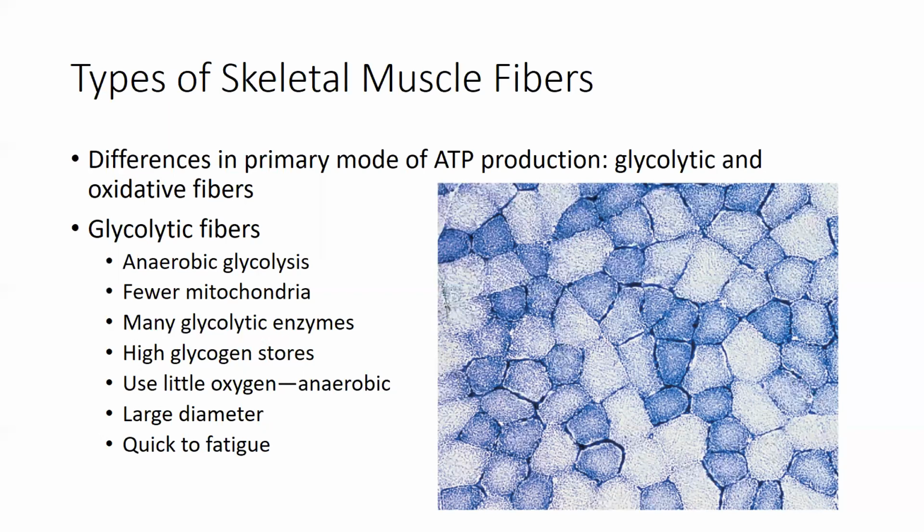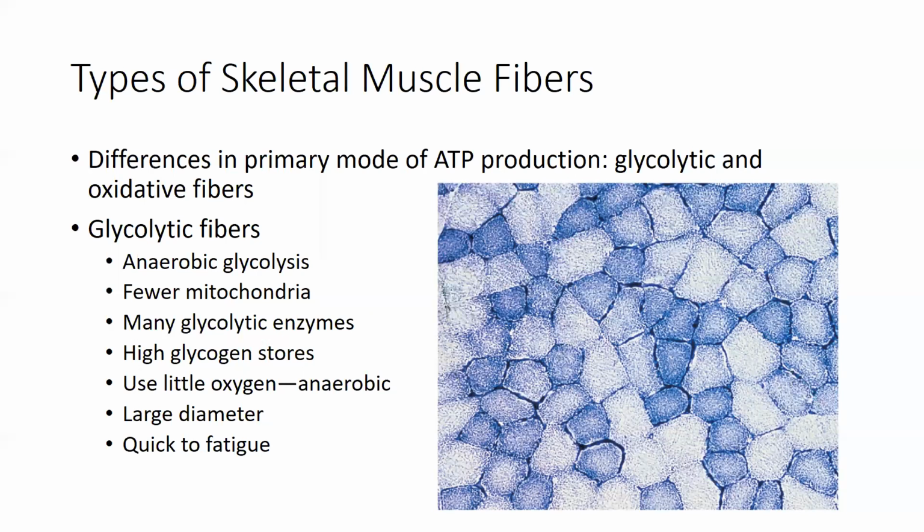So let's start by looking at the glycolytic fibers, and let's describe them. First of all, as the name implies, their main source of ATP production is anaerobic glycolysis. This is the breakdown of glucose, right? And this is going to cause a buildup of lactic acid. Now, these fibers are going to have fewer mitochondria.